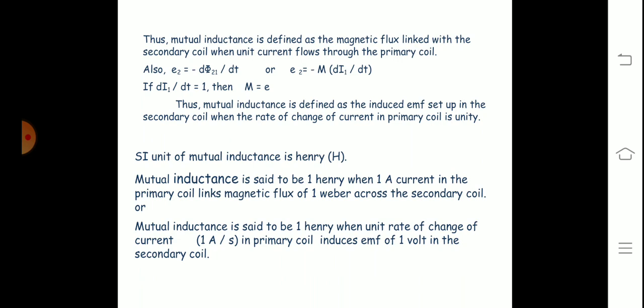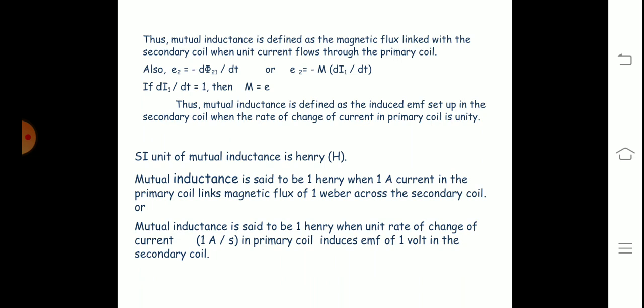So if di1 by dt is equal to 1 ampere per second, then M is equal to E. M is the coefficient of mutual induction, or mutual inductance. So mutual inductance is defined as the induced EMF set up in the secondary coil when the rate of change of current in the primary coil is unity, or 1 ampere per second.